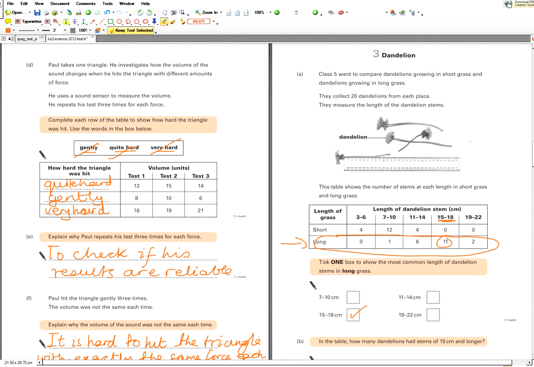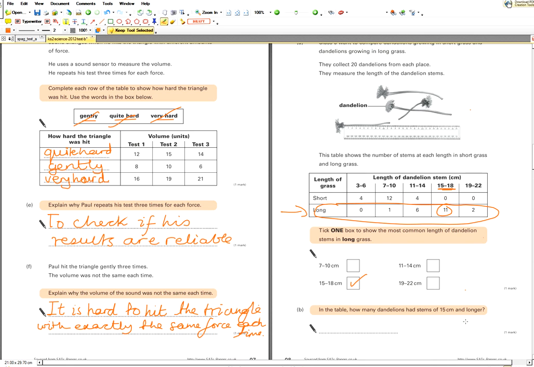Next. In the table, how many dandelions had stems of 15 centimeters or longer? So it was 15 centimeters or longer. That is this one here, so we have to look at these 4 values.